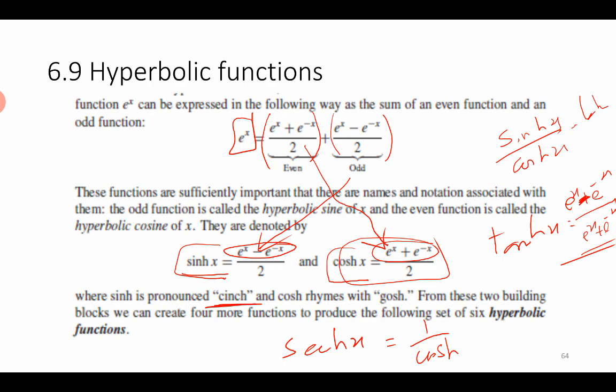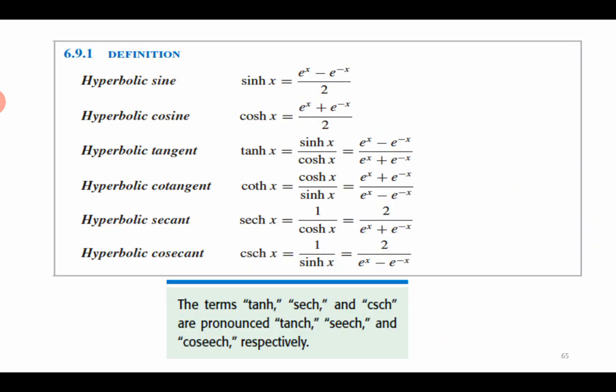All the formulas of the hyperbolic functions have been listed here: sine hyperbolic, cosine hyperbolic, tan hyperbolic, cotan hyperbolic, secant hyperbolic, cosecant hyperbolic. Pronunciation has been given here: csch, sech, coth, tanh, cosh, sinh. In this way we pronounce all these functions.